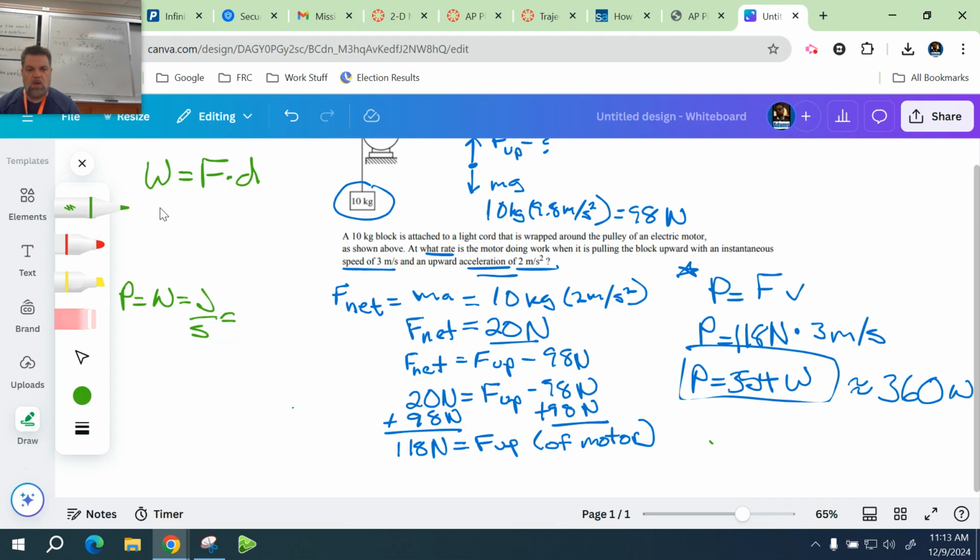Well, we'll just do it this way. Or kinetic energy is equal to 1/2 times the mass times the velocity squared.